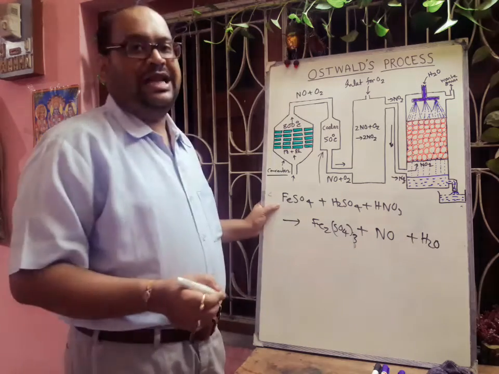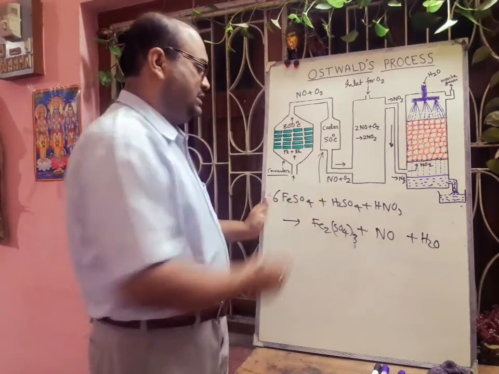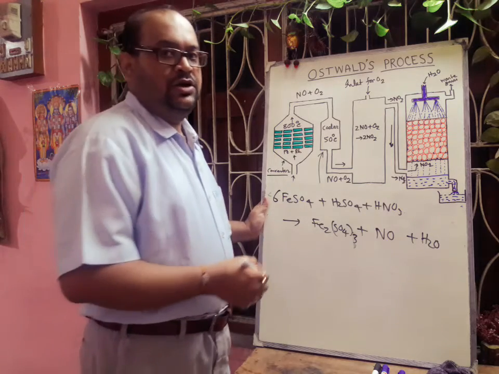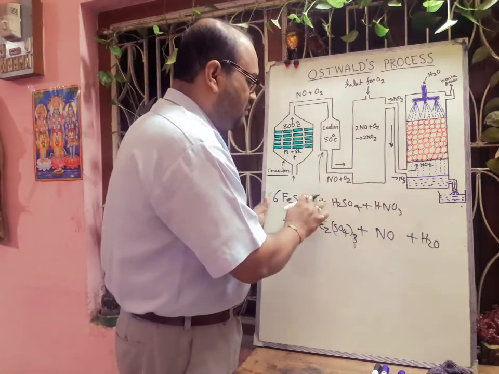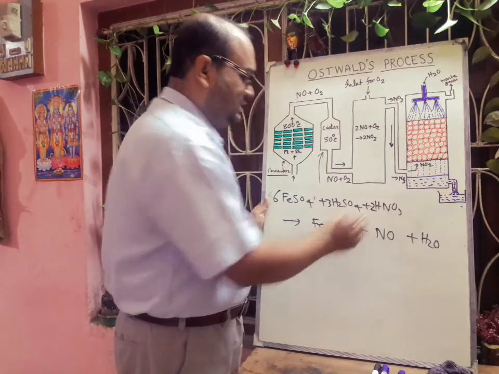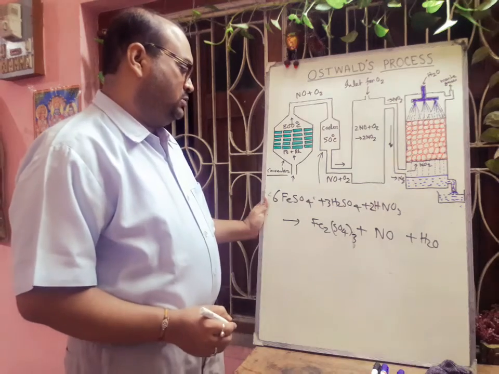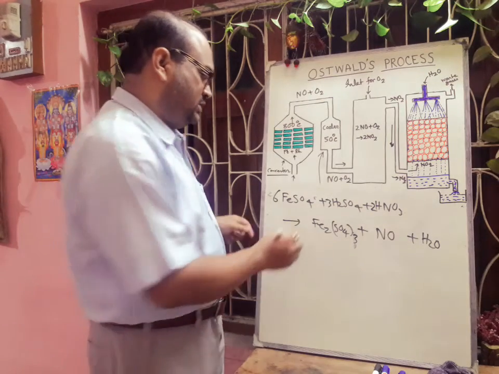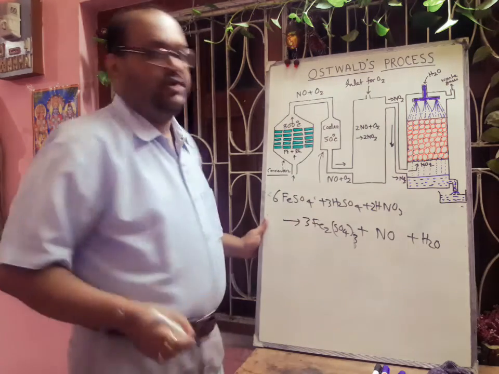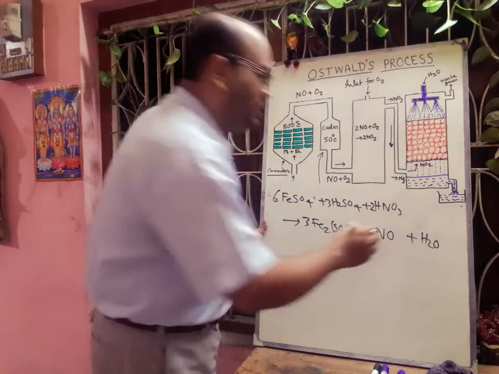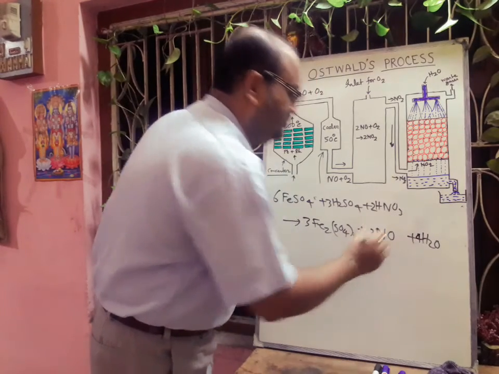Now if we want to balance this equation, 6 FeSO4 is required, and it will react with 3H2SO4 and 2HNO3, giving 3Fe2(SO4)3 plus 4H2O plus 2NO.